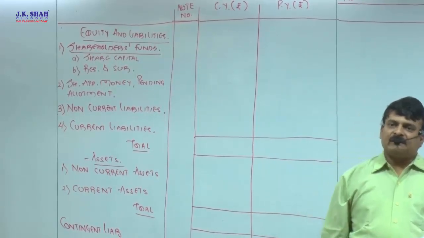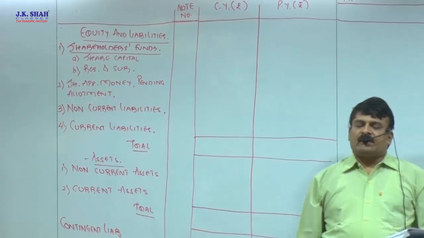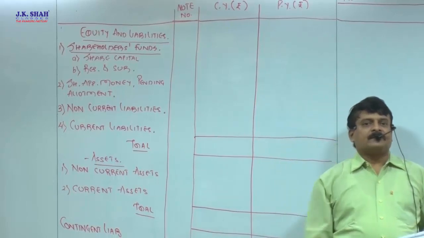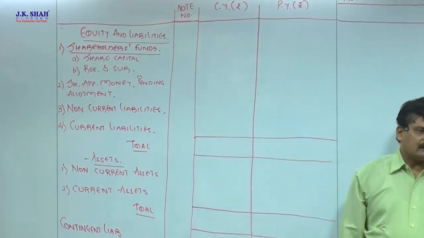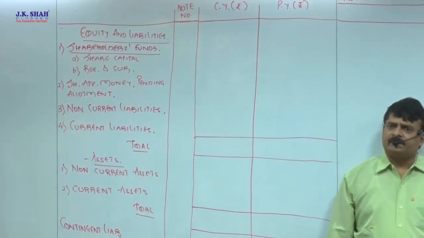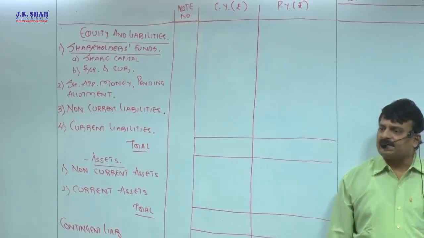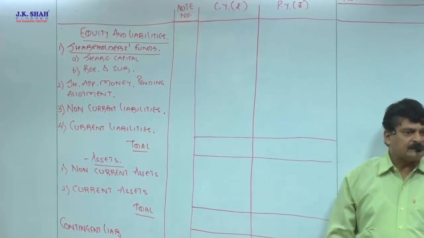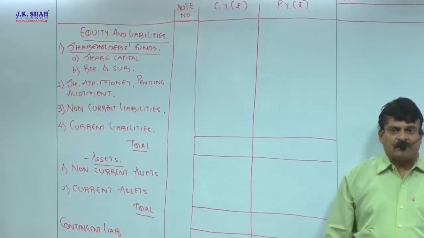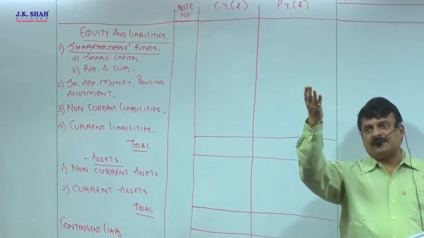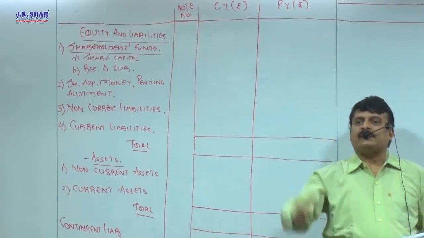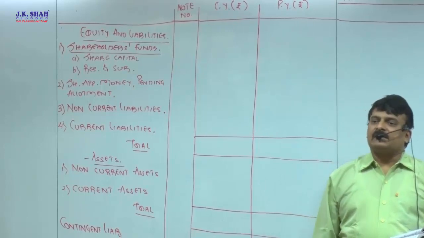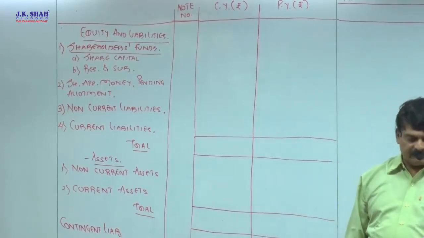Other current liabilities are all current liabilities other than creditors and bills payable. Example, outstanding expense, pre-received income, any income tax yet to be paid by us, any taxation payable, all those will come under the head other current liabilities.